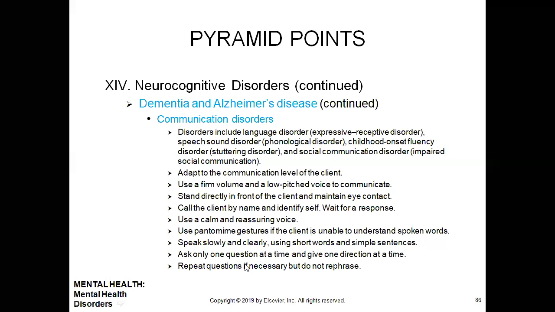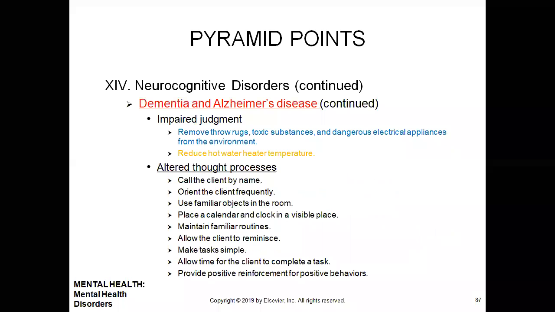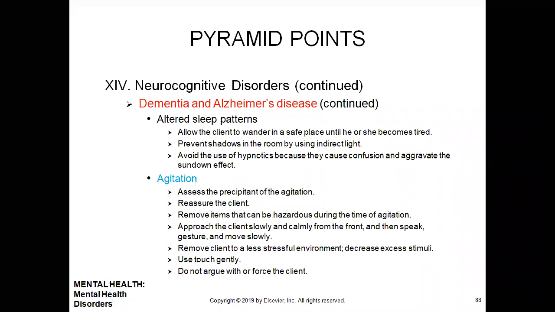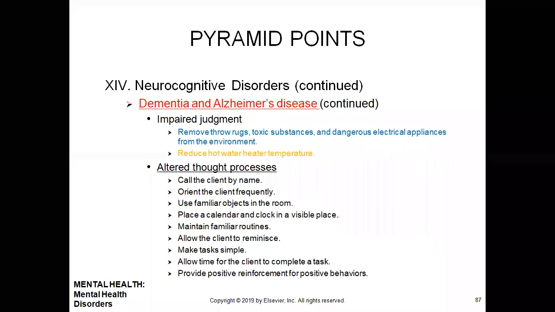Repeat the question if necessary, right? So it is very important that we know how to take care, or what our responsibilities are, with an Alzheimer patient. Now here we are talking about dementia and Alzheimer's, impaired judgment. This is the most common problem of the patient. Altered thought process.